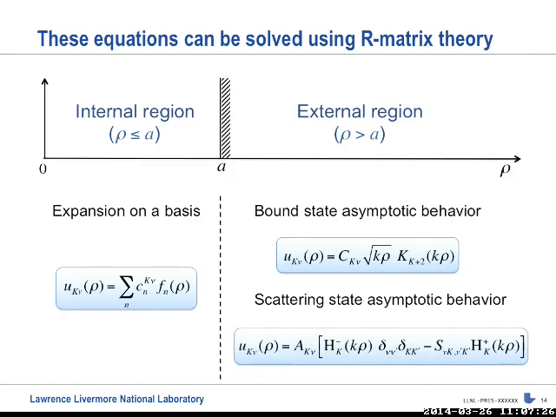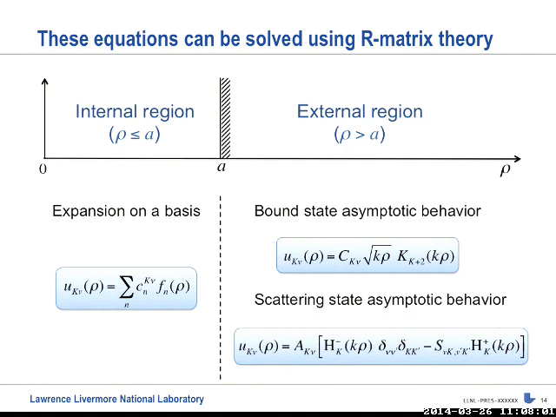And then these equations can be solved using the microscopic R-matrix theory. Basically, one divides the region into an internal or interaction region and an external region, in which, if the Coulomb is present, it is the only interaction. In the external region the solutions of the Schrödinger equation are known.